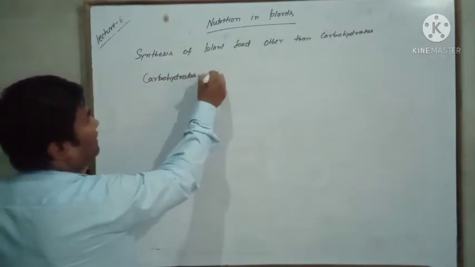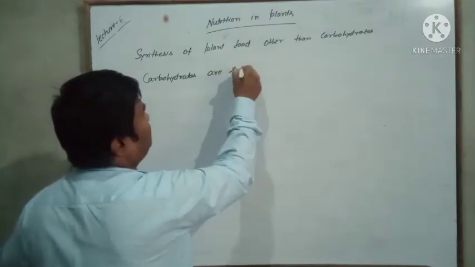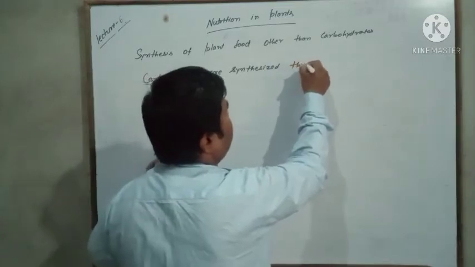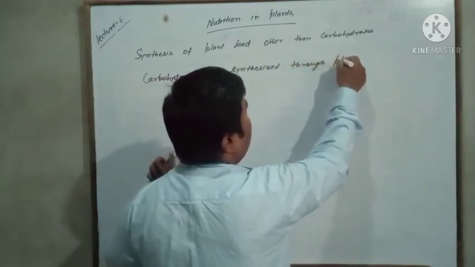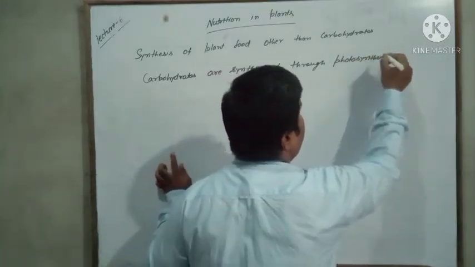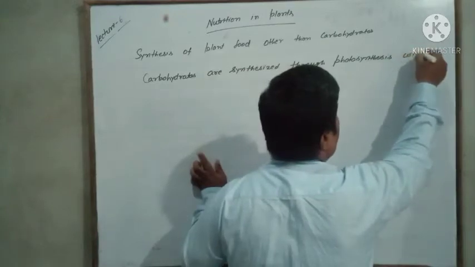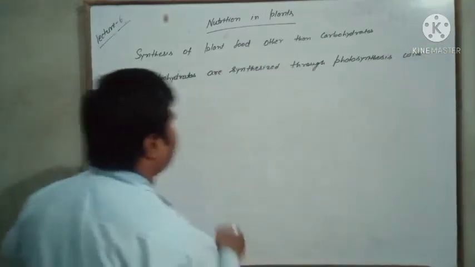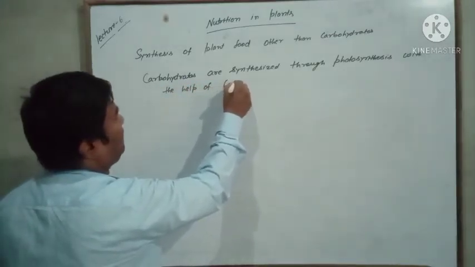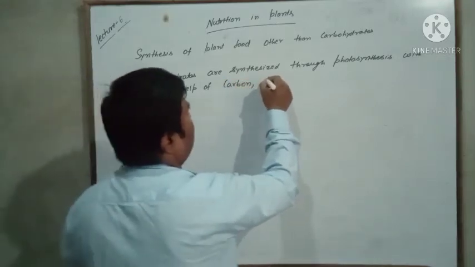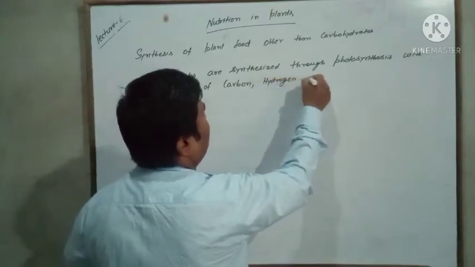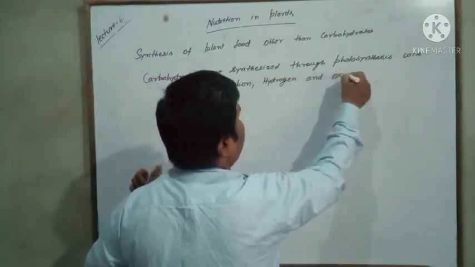Carbohydrates are synthesized through photosynthesis with the help of carbon, hydrogen and oxygen.